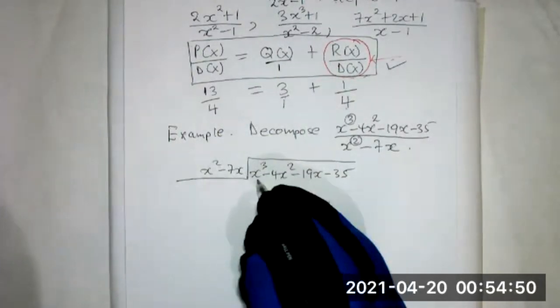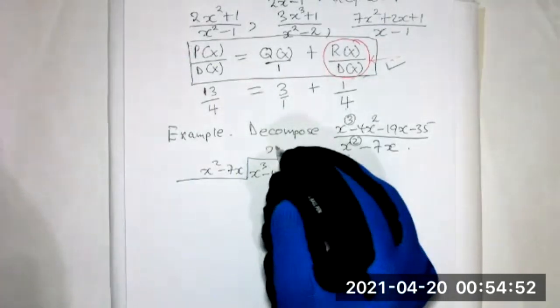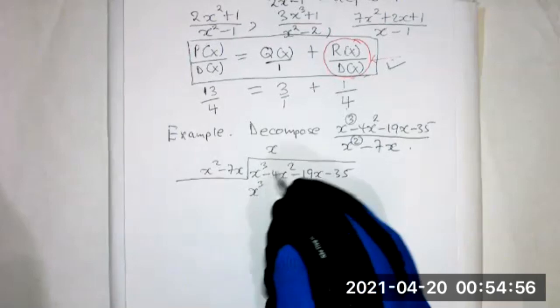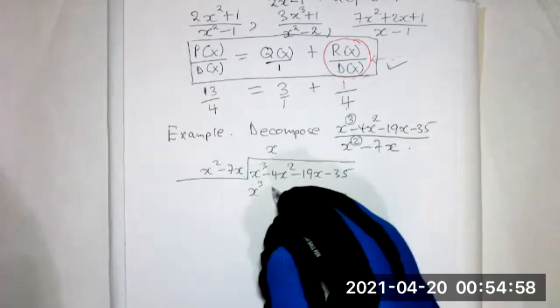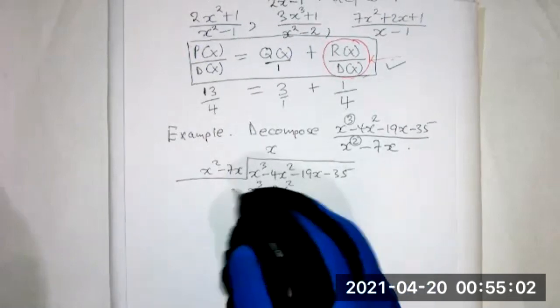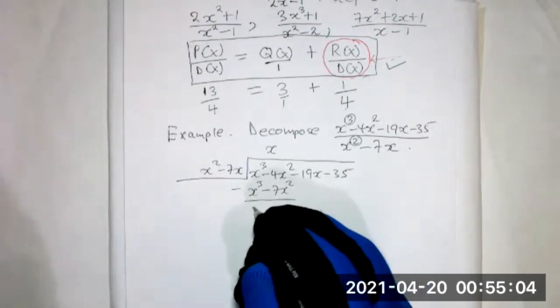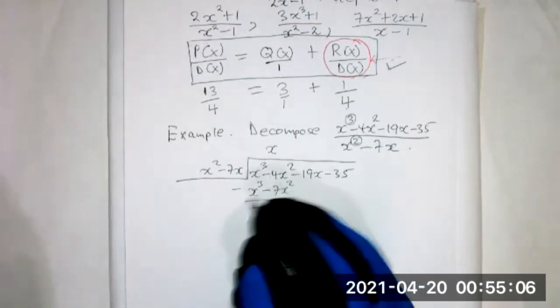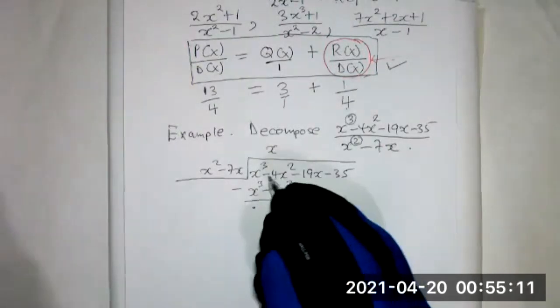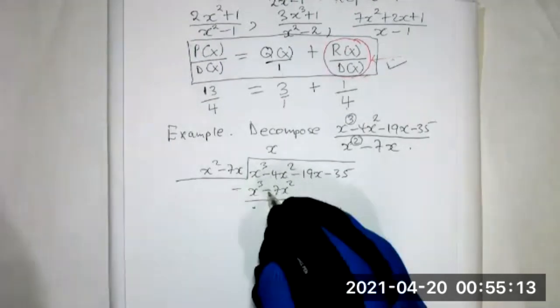X squared into x cubed, that is x times x squared, that is x cubed, x times minus 7x, that is minus 7x squared. We subtract, minus 4 minus minus, this is where a lot of us get lost. Minus 4x minus minus.